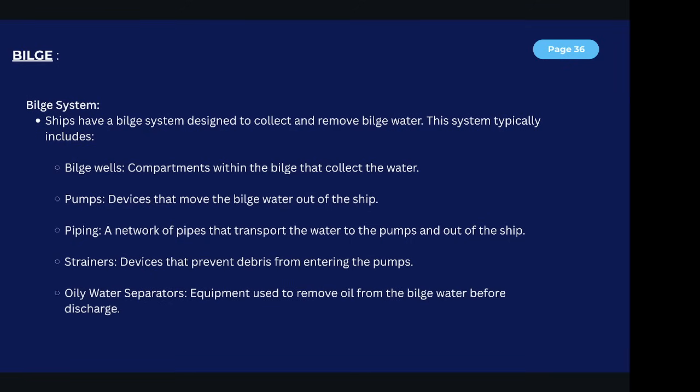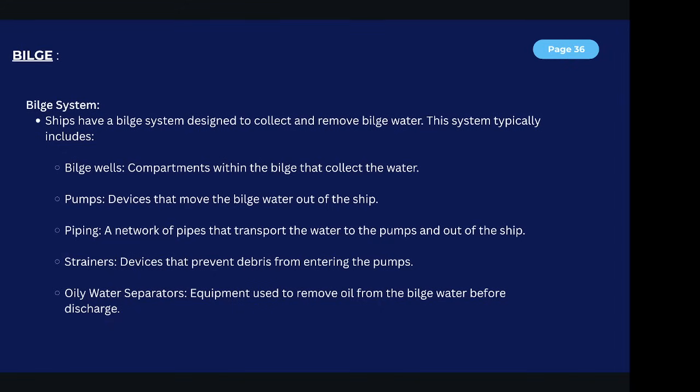The ships have a bilge system designed to collect and remove the bilge water. This system typically includes the bilge wells, the compartments within the bilge that collect the water. It also has the pumps, devices that move the bilge water out of the ship.